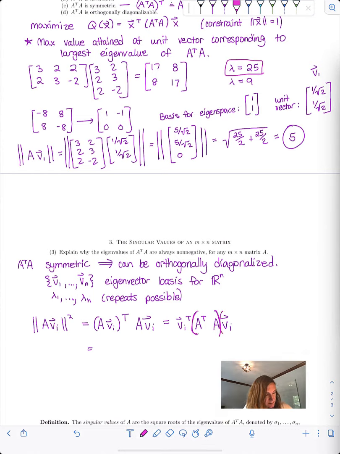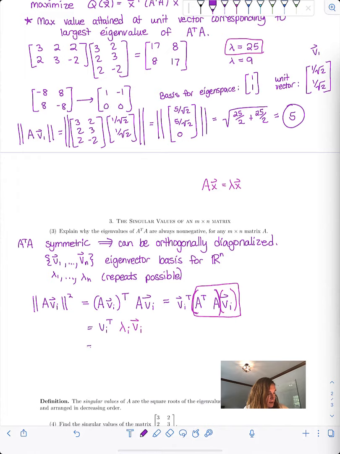But Vi is an eigenvector for A transpose A. So what that means is that we can replace this part in pink with the corresponding eigenvalue times Vi, because remember, eigenvector means that AX equals lambda x; in this case, A transpose AX equals lambda x.